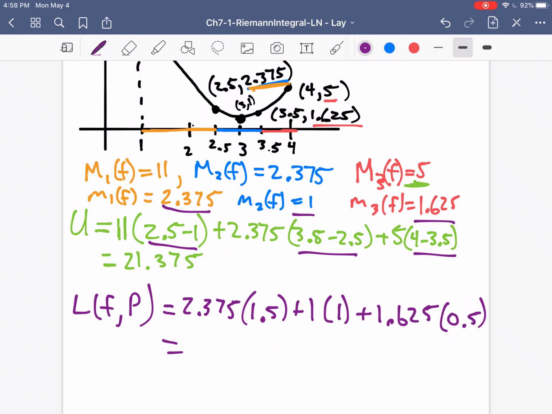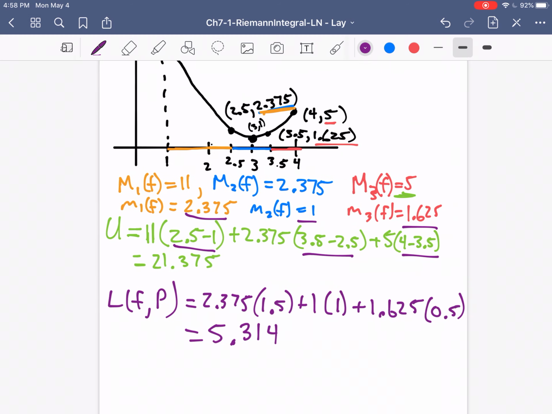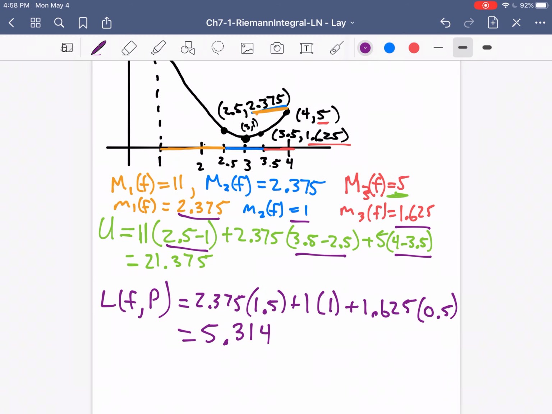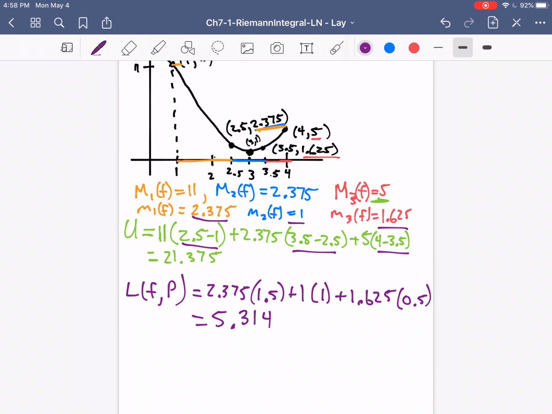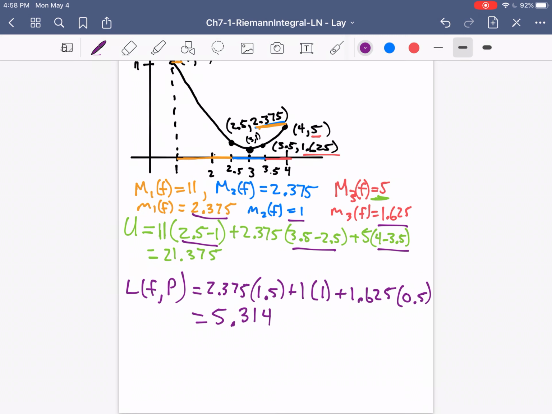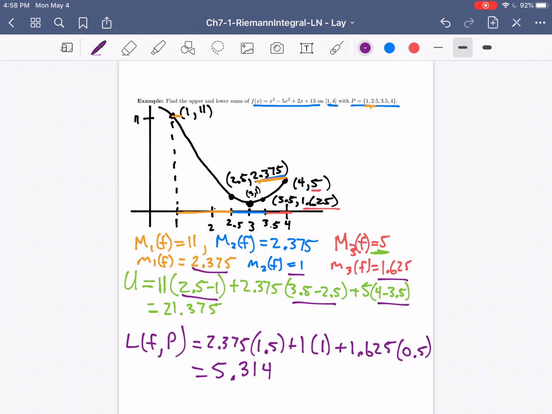And when we add all of that up, we get something like 5.314. So our lower sum and our upper sum, we have calculated those. Beautiful. And so what we will do in our next video is we will then think about a lower integral and an upper integral.